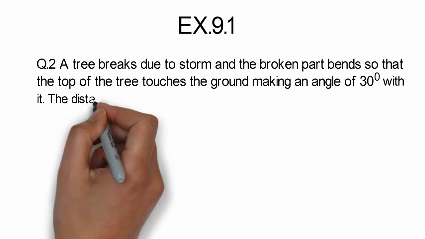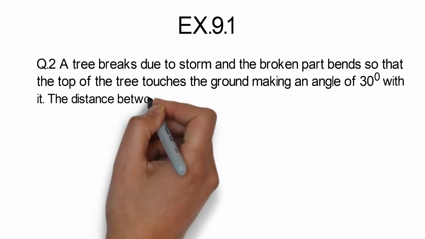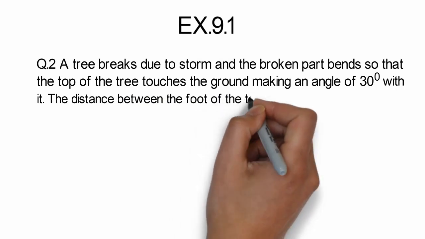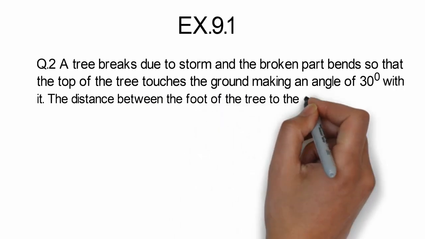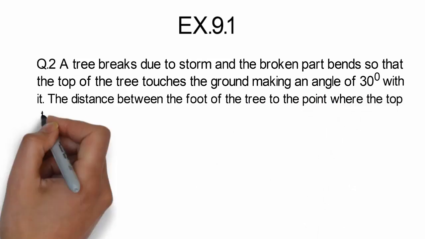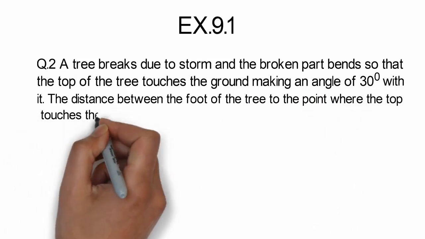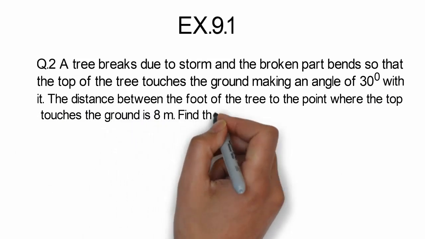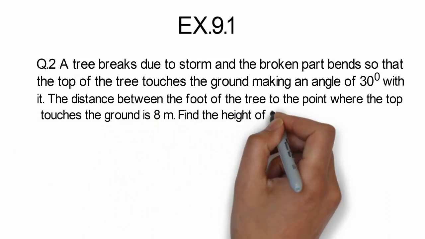The distance between the foot of the tree to the point where the top touches the ground is 8 meters. Find the height of the tree.